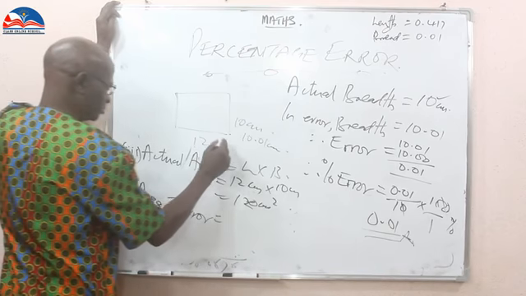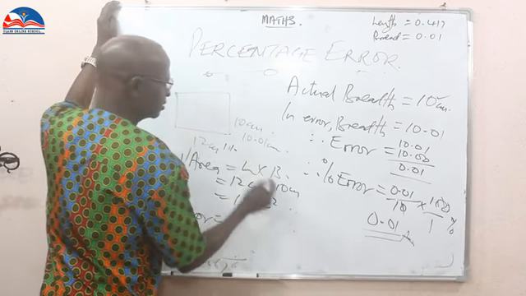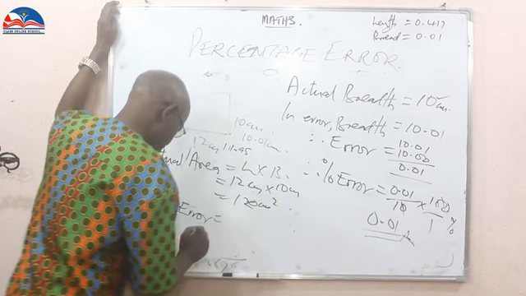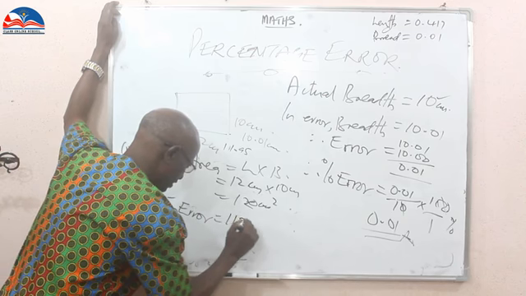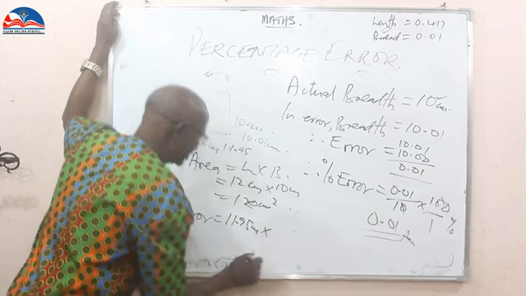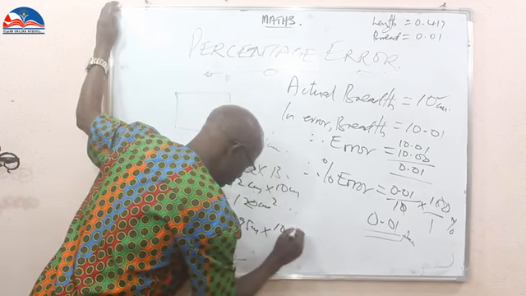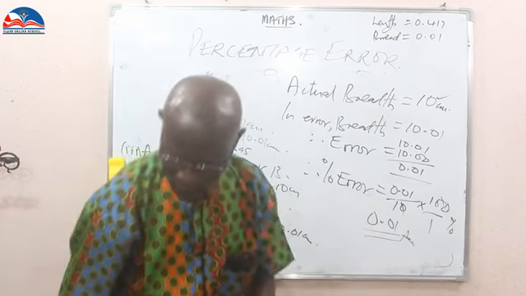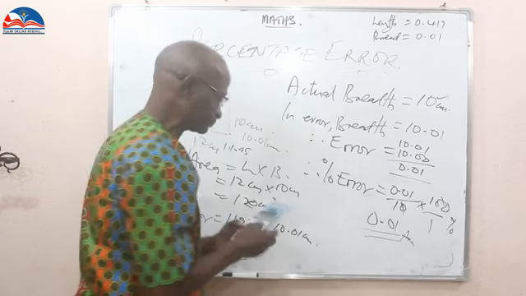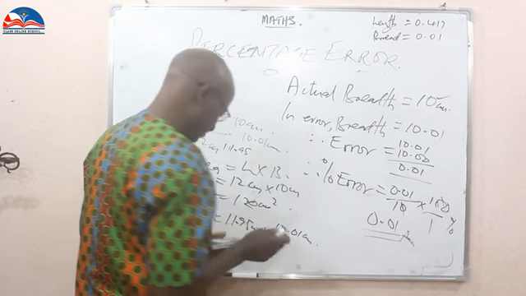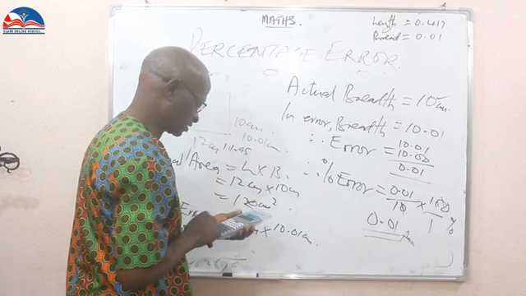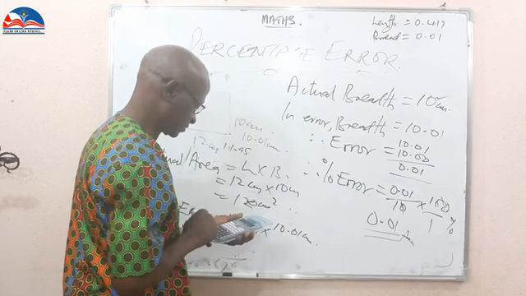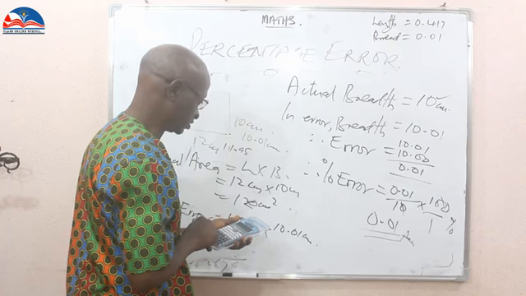Area in error equals the length we got, 11.95 cm, times the breadth we got in error, 10.01 cm. Let's take a calculator now. Let's see. Quickly, I have 11.95 times 10.01.